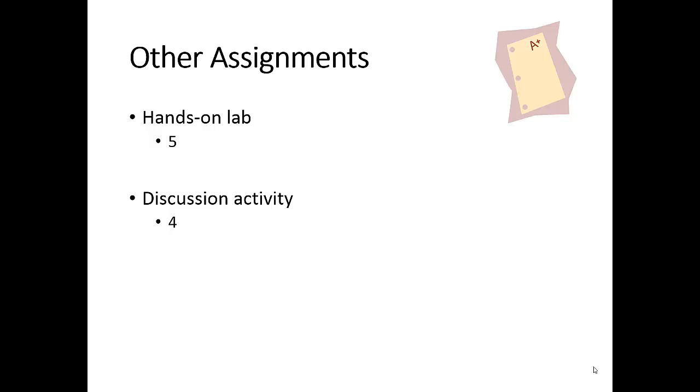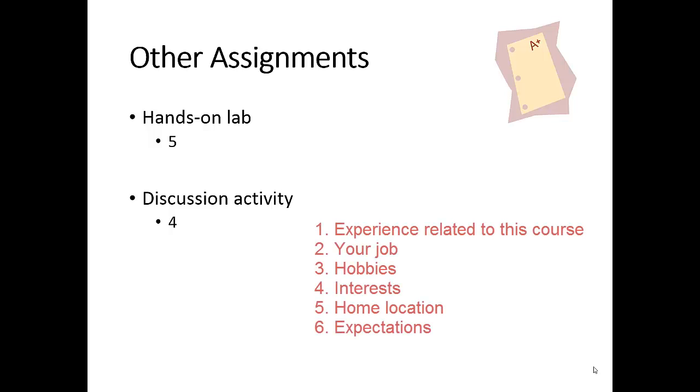So in this discussion activity, you'll be talking about your experience related to this course, your current job, what kind of hobbies you have, what's your interest, where your home is, what you're expecting from this course, and so on.